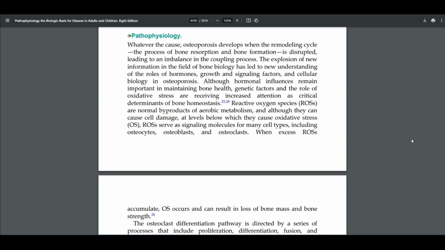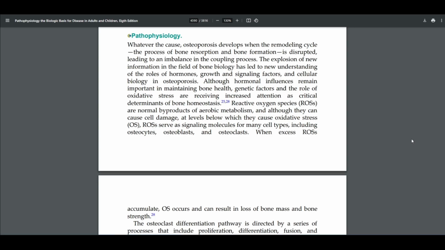The explosion of new information in the field of bone biology has led to new understanding of the roles of hormones, growth and signaling factors, and cellular biology in osteoporosis. Although hormonal influences remain important in maintaining bone health, genetic factors and the role of oxidative stress are receiving increased attention as critical determinants of bone homeostasis.